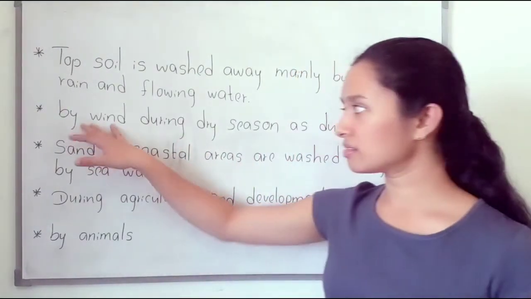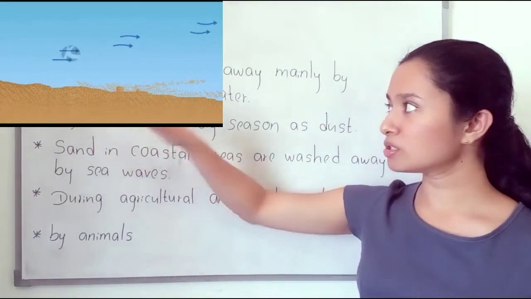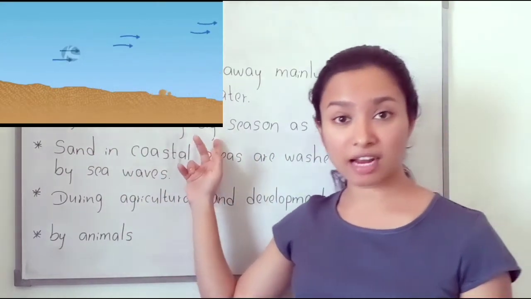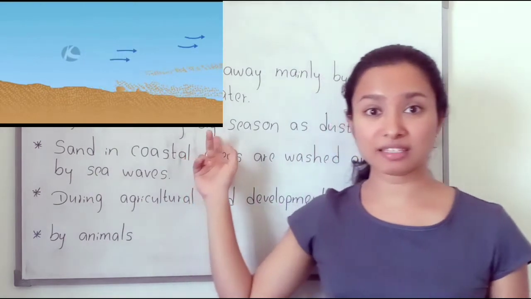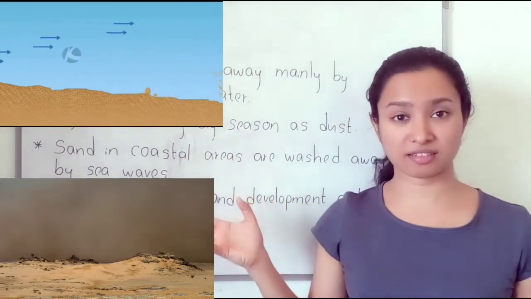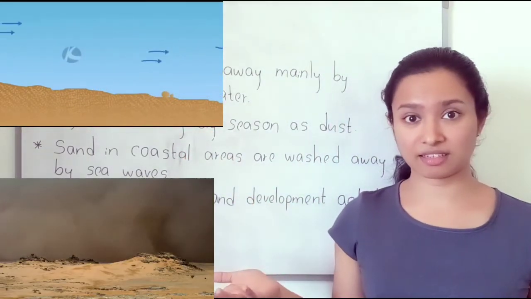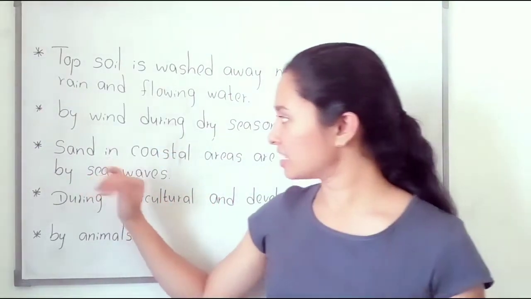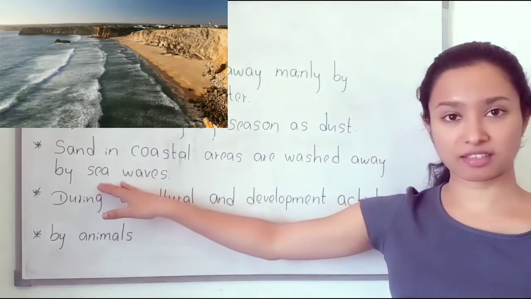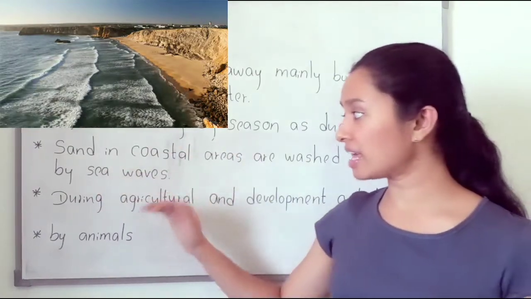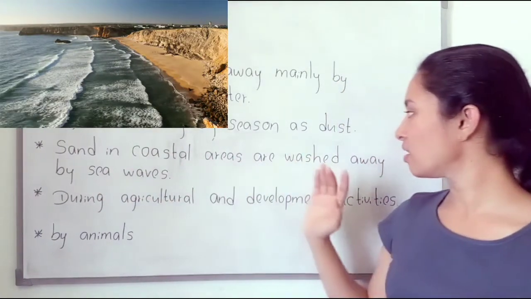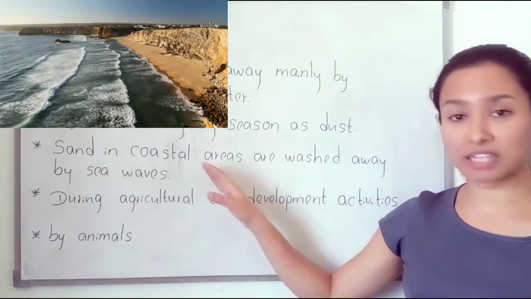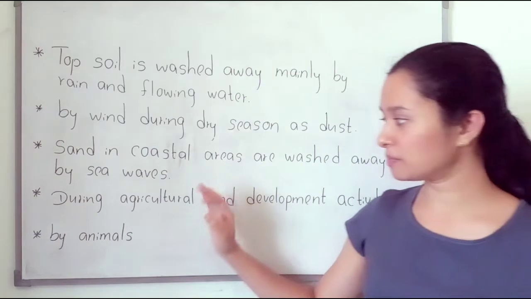And second one, the wind. Topsoil layer is removed by wind during dry season. We can see there is so much dust during dry season. This is because of the wind. And sea waves. The sand in coastal areas is washed away by sea waves. This is also a type of soil erosion.